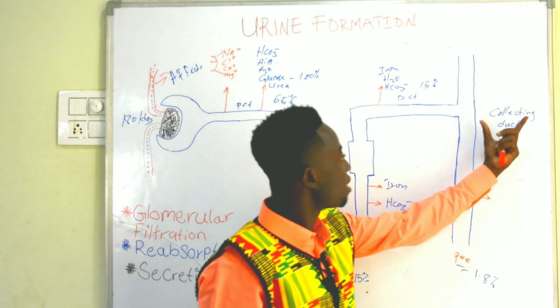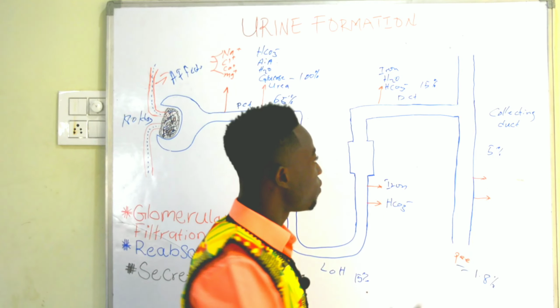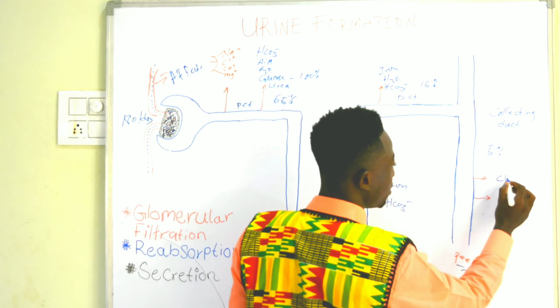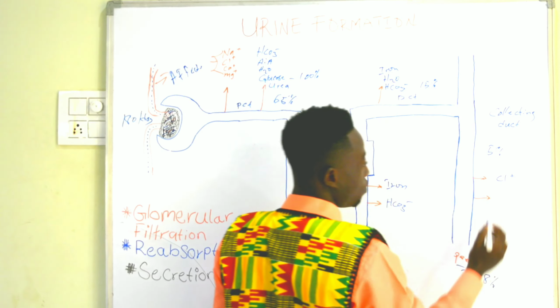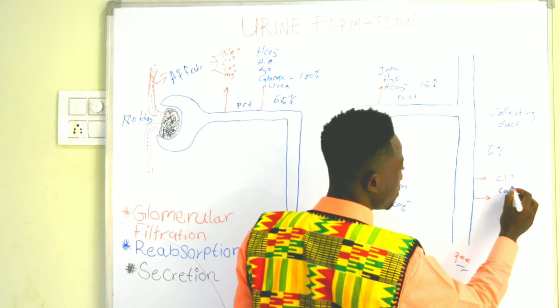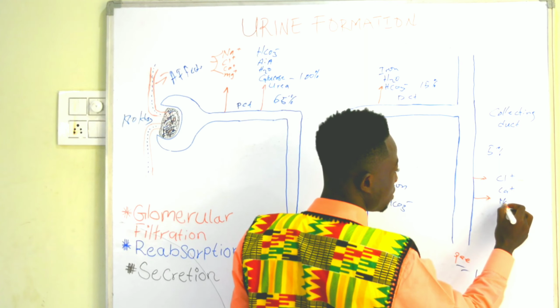So what is going to be reabsorbed within the collecting ducts? Within the collecting ducts, we have chloride ions, calcium ions, magnesium ions.